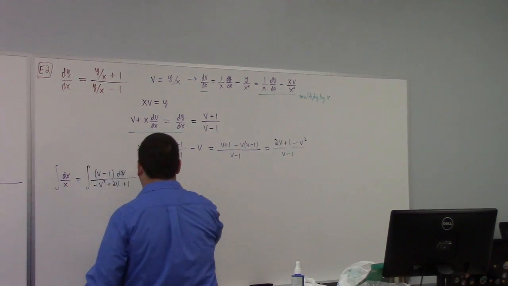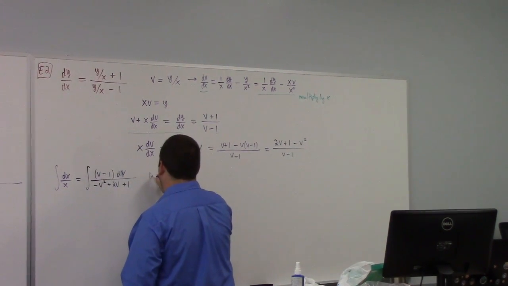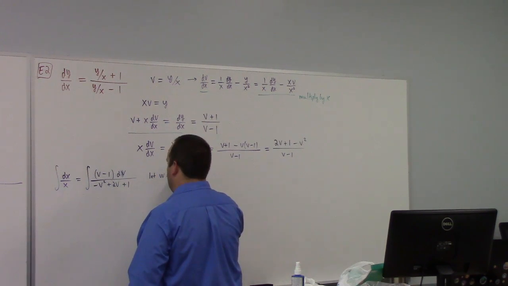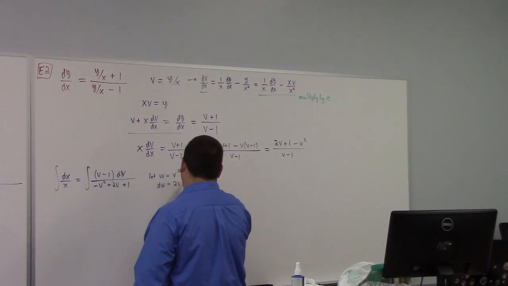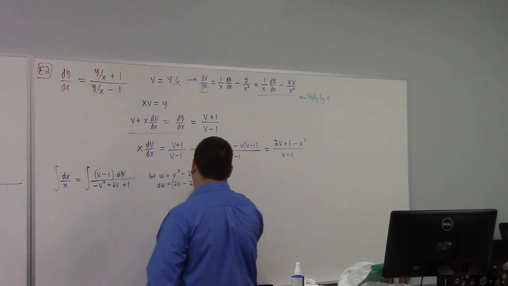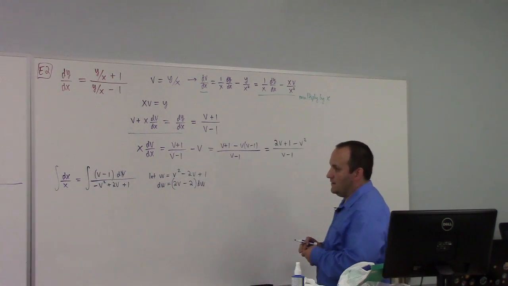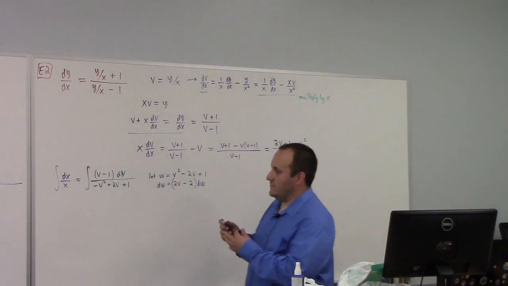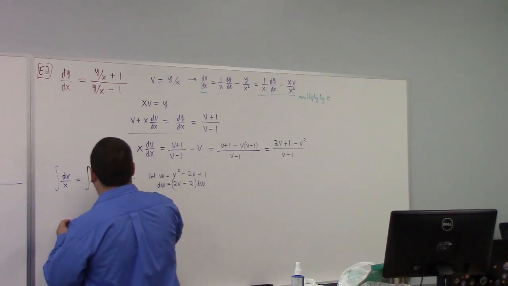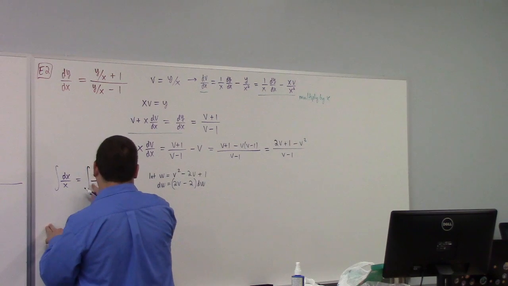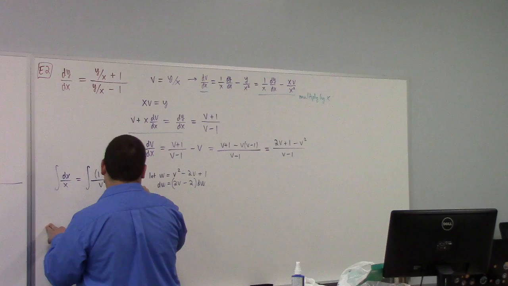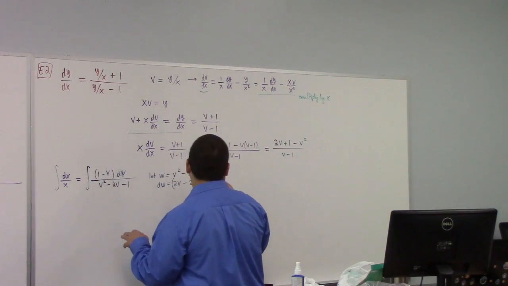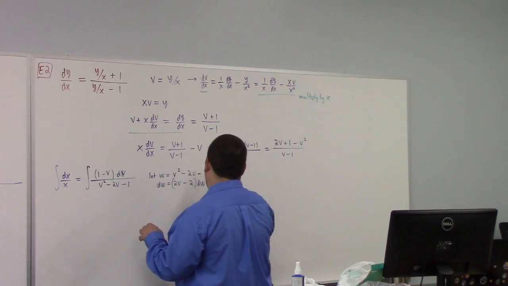So you let w equal to v squared minus 2v plus 1, and then dw is what? So if you like, let me go ahead and absorb the minus upstairs again. There we go.